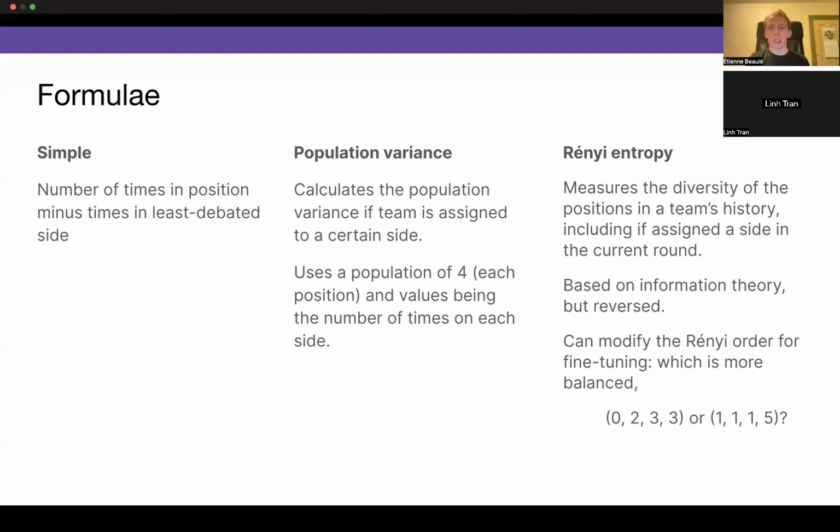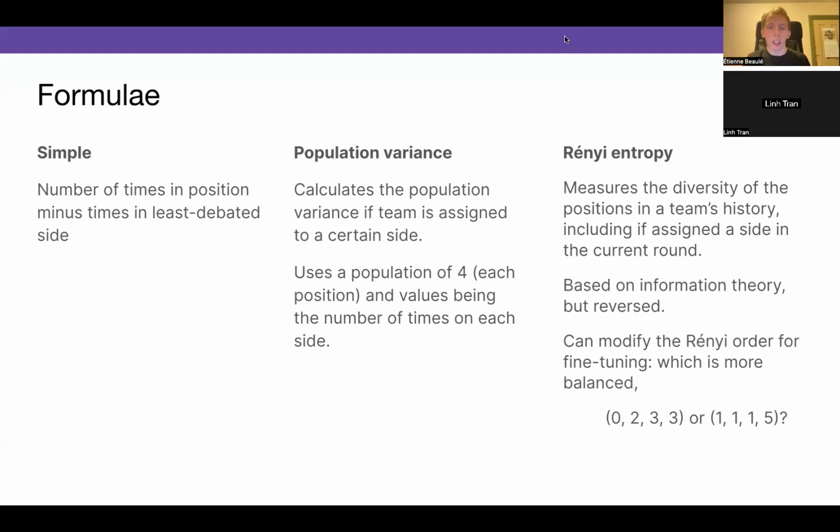Population variance is more of a statistical measure, like using the standard deviation in the speaker or team tab. We have 4 populations, which are the number of times they've been on each side, and we find the variance if we assign the team to a specific side.